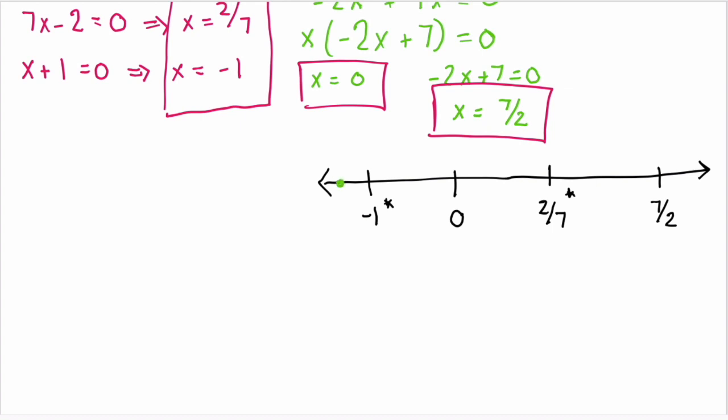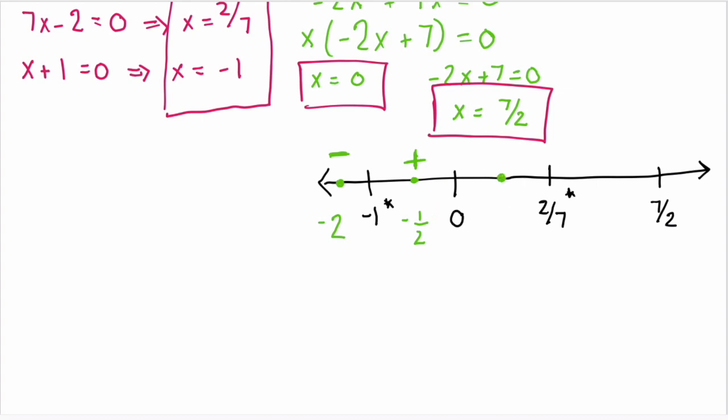I've showed you how to use a test value, so I'm going to tell you the test value and give you whether it's positive or negative, and you can check for yourself. I use the test value of negative 2 in this first interval, and that value is negative. In the second interval, I'm going to use a test value of negative 1/2, and that interval ends up being positive.